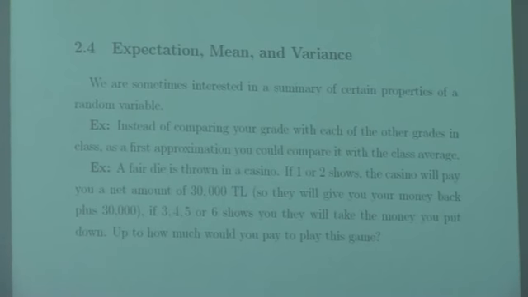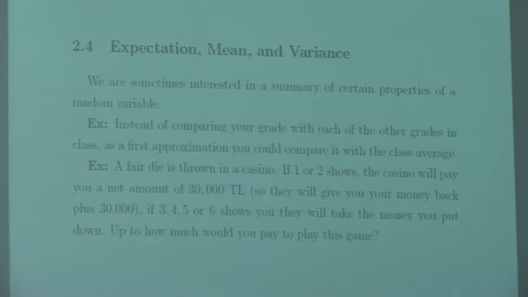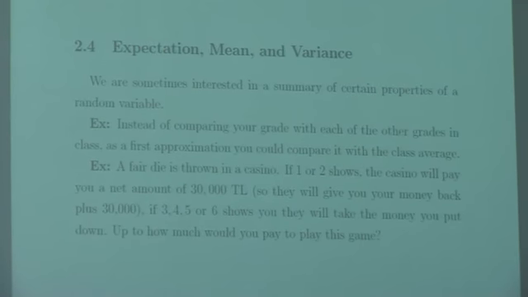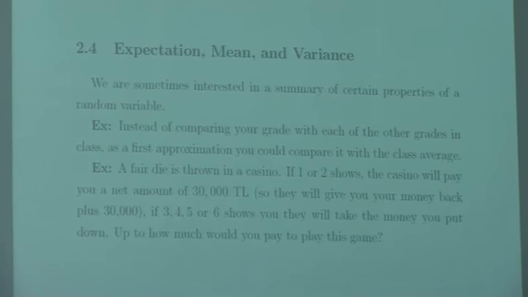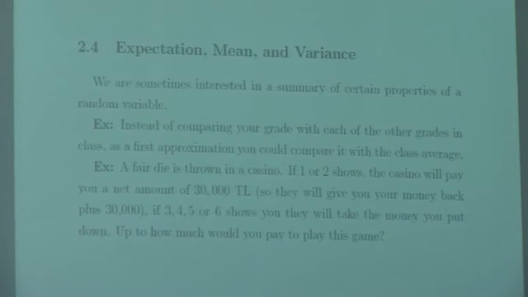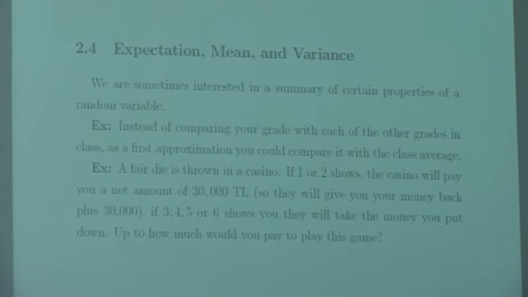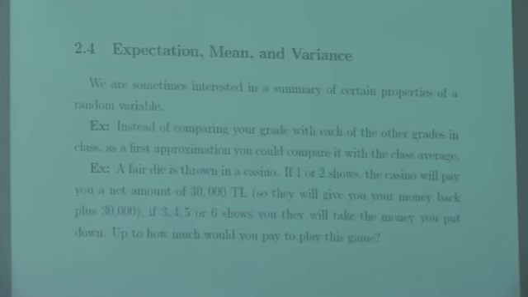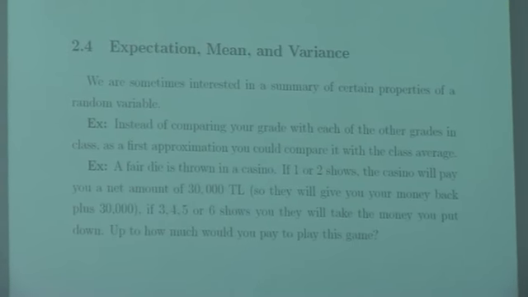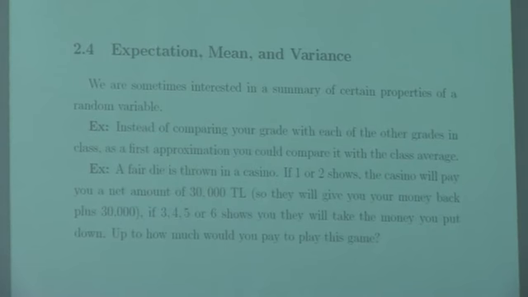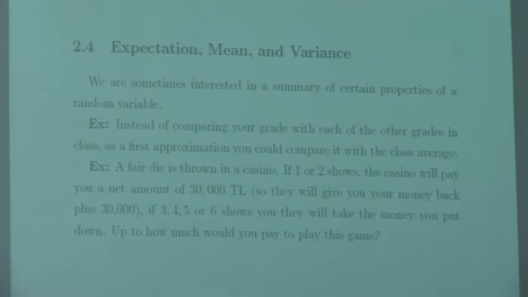We are sometimes interested in, rather than getting the full PMF, some summary information about the PMF of the random variable, such as what is its average value? I mean, which value is it expected to take?